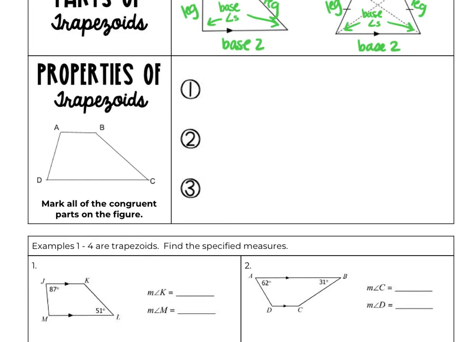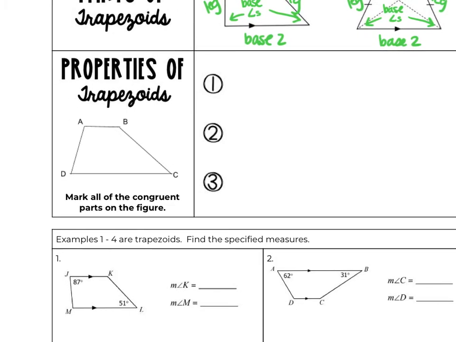we have just a trapezoid that is not isosceles, which is the more important one. So the first thing that you will need to know is the bases are parallel. Okay, and we're going to mark that on our figure and then write the statement of how we could write that out.